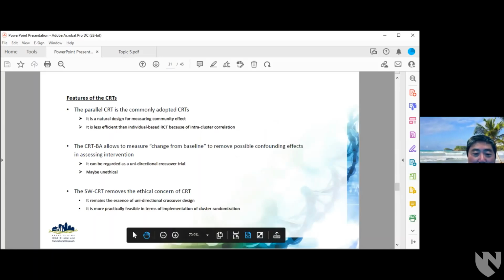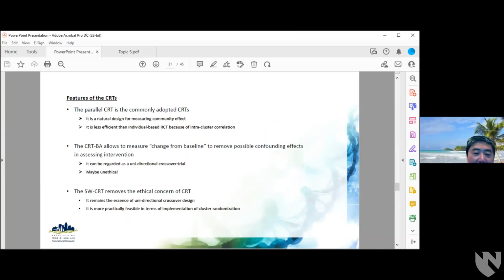Step-wedge cluster randomized trial: if you use crossover trials, it involves an ethical issue, right? You basically don't let half of the patients use the intervention. So in some scenarios it involves an ethical issue.